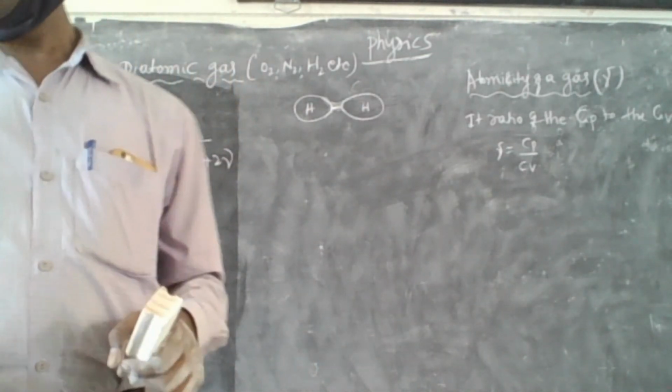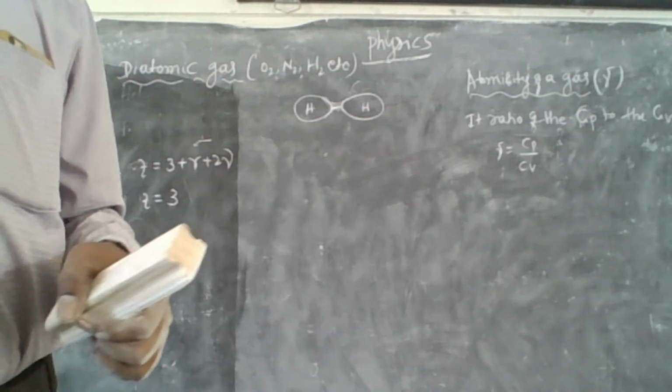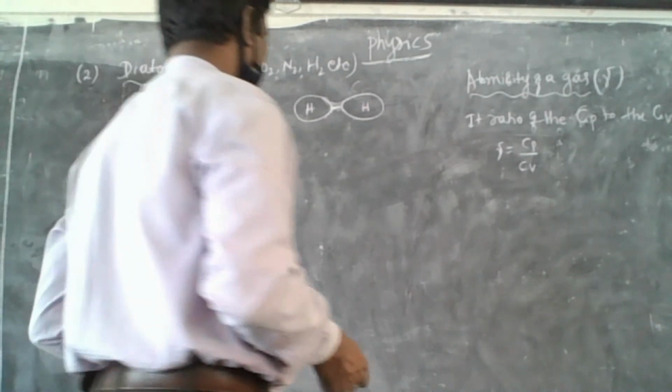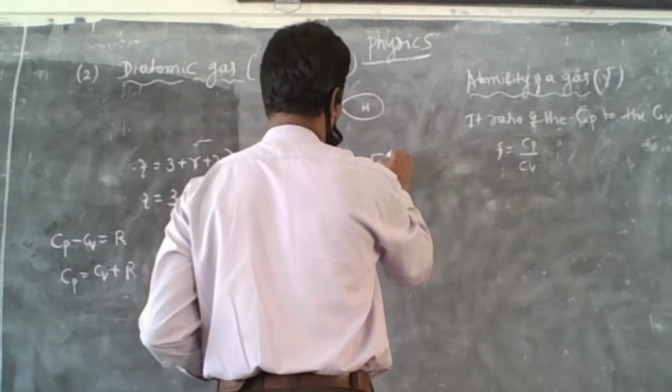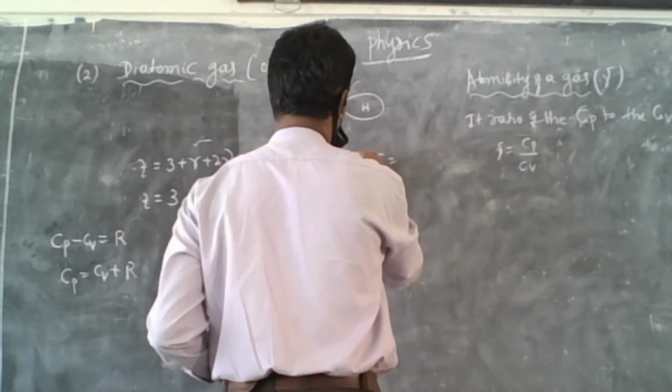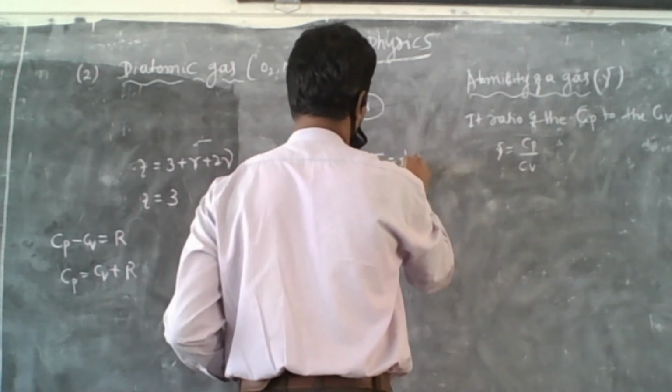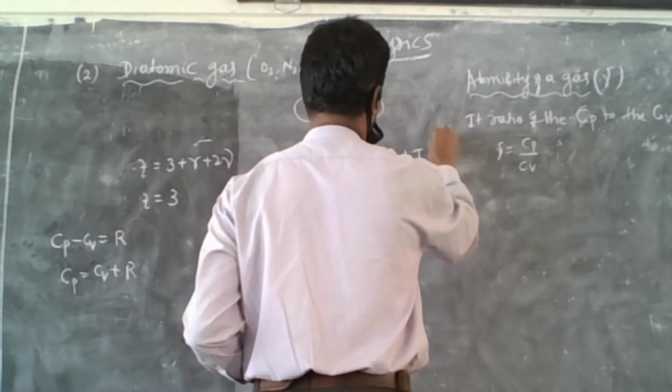So here the rotational kinetic energy is equal to 1 by 2 I omega square.